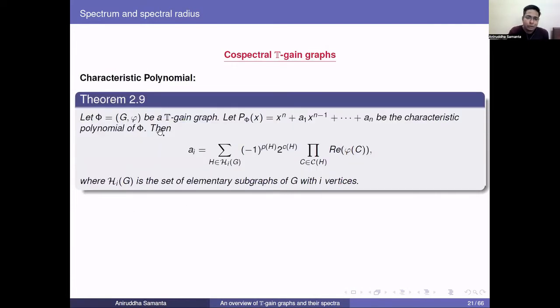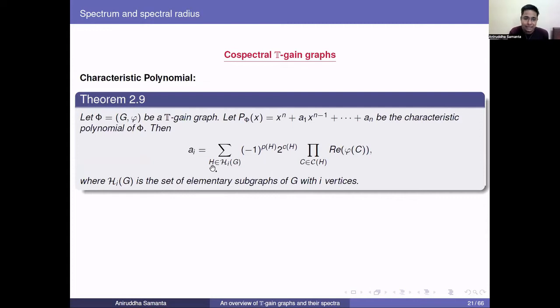Anyways, now we come to one such type of result for the characteristic polynomial of a T-gain graph. So this is the characteristic polynomial of phi. Then we can express its coefficients in this form. Here H_i is the set of all elementary subgraphs of G with i vertices.